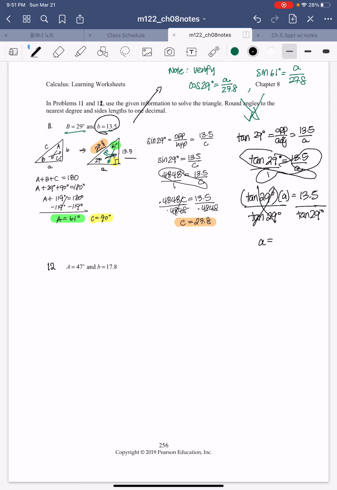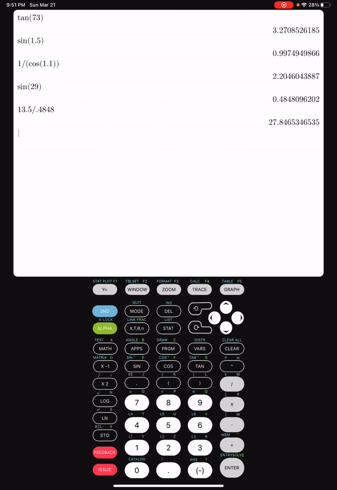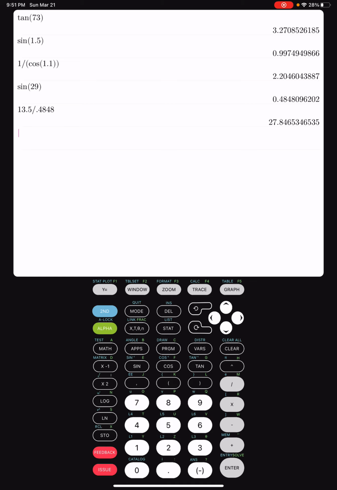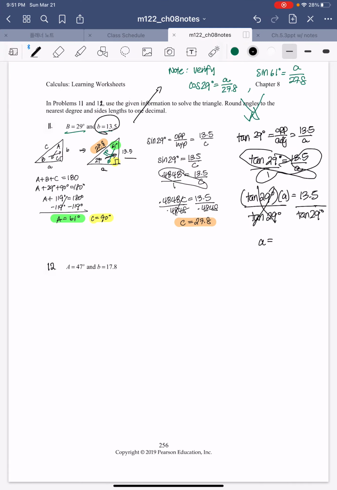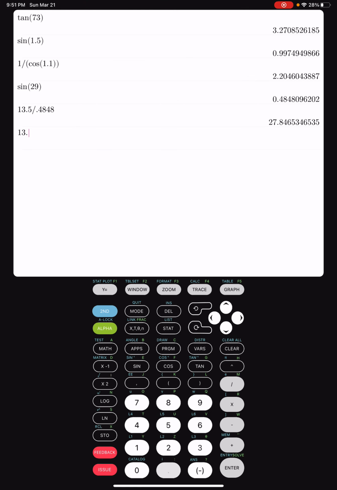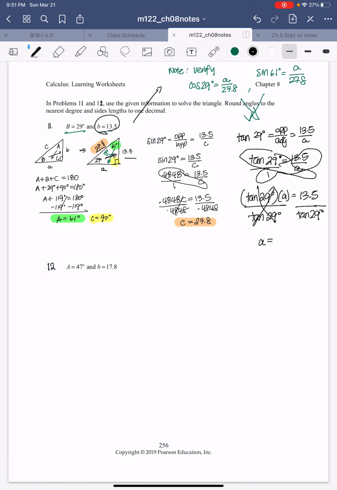So we put it directly on the calculator, make sure it's in degree mode. It is already in degree. So we put in 13.5 divided by tangent of 29 degrees. That will give me 24.4. So A will be 24.4.